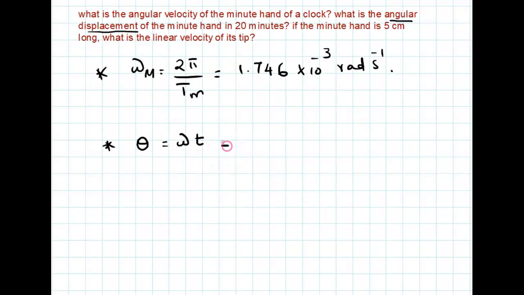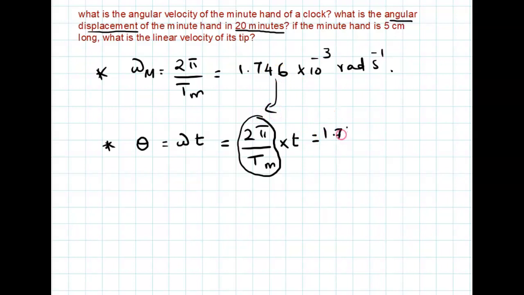Here omega is the angular velocity, 2 pi by the time period of the minute hand, multiplied by the time of 20 minutes. We know this value, 1.746 times 10 to the power minus 3.